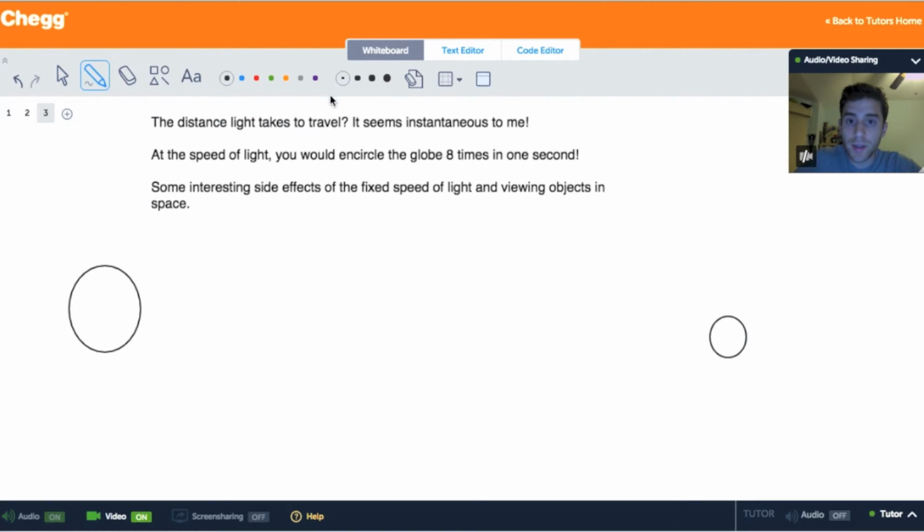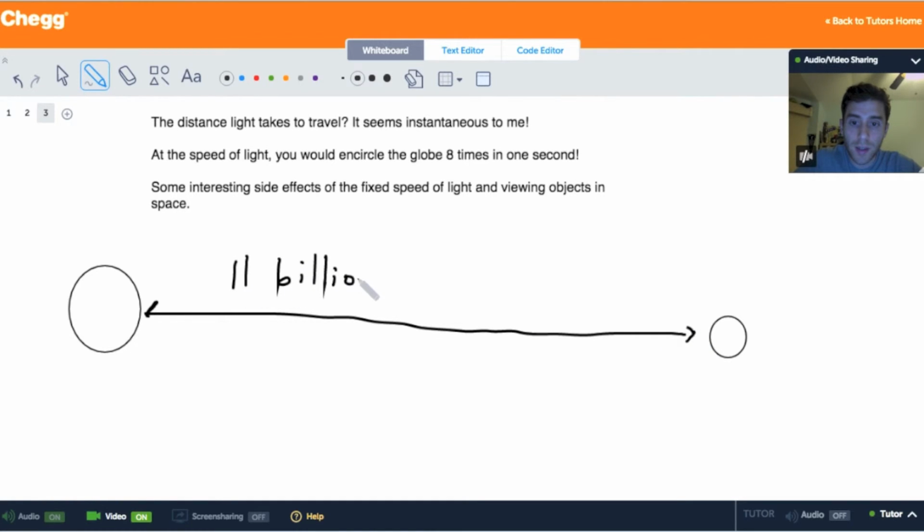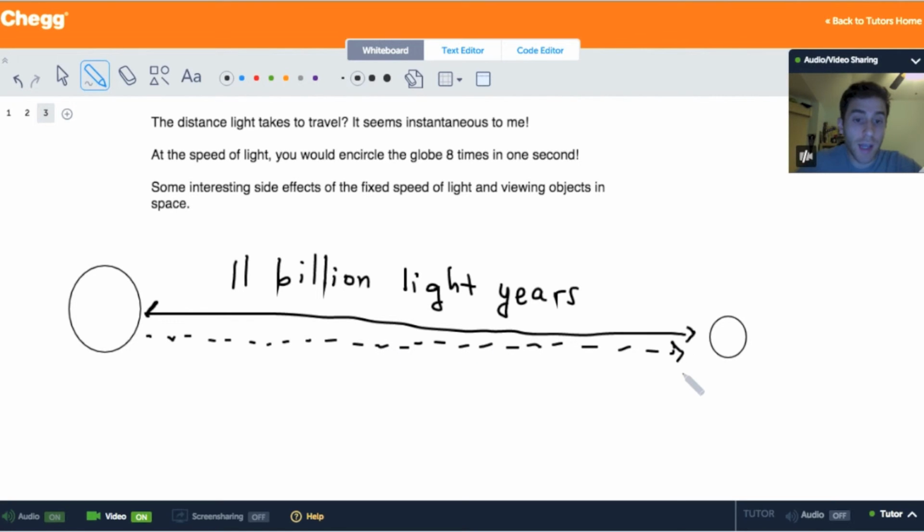Now this distance is 11 billion light years. What that means is that the light from this star took 11 billion years to get to us. So we're seeing light that traveled 11 billion years to get to us, so we are actually viewing the star 11 billion years in the past.